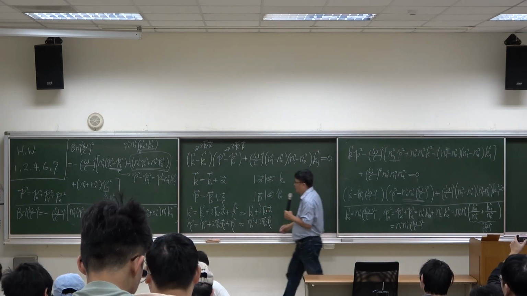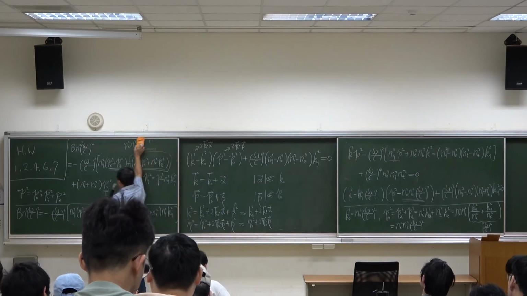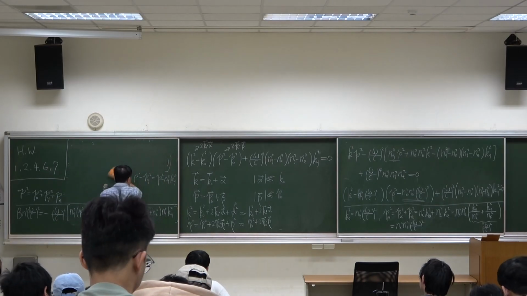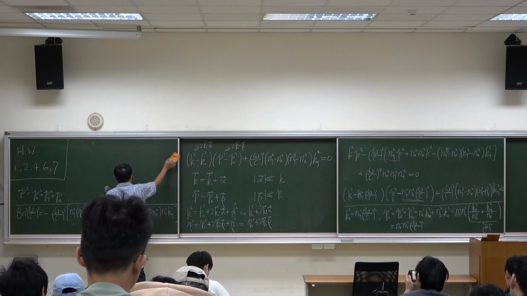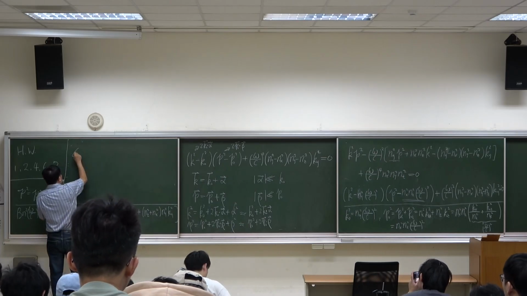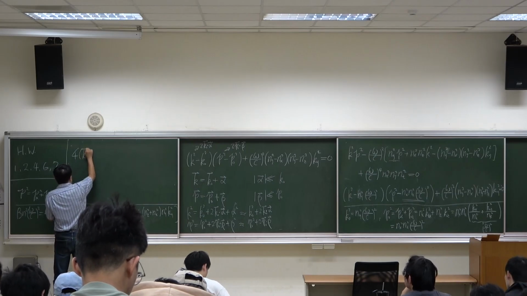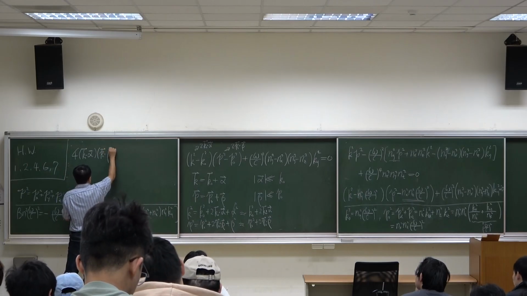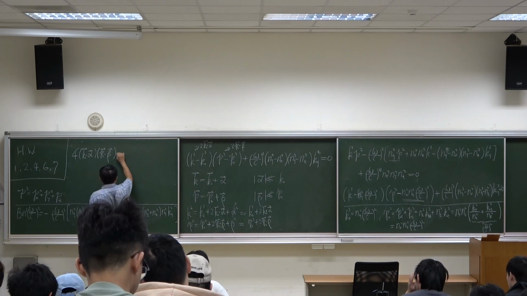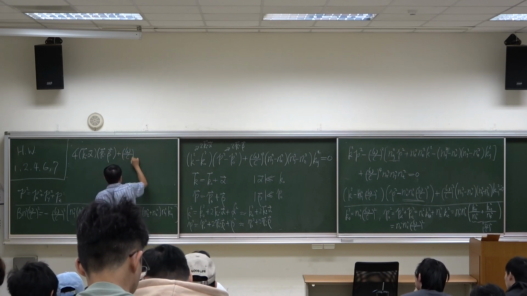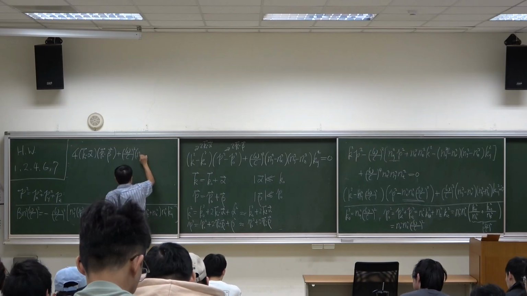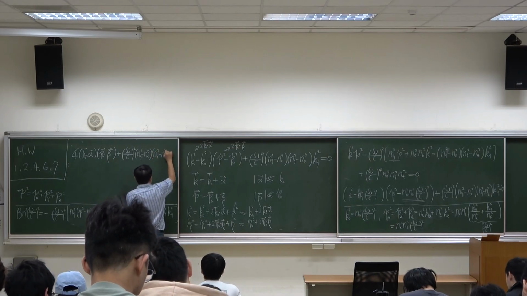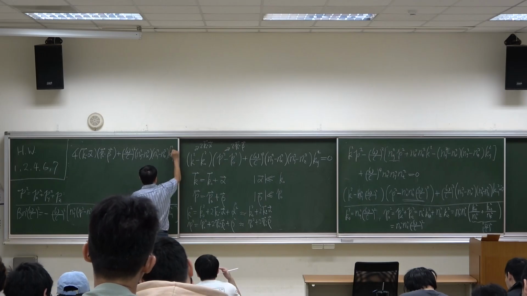Okay, so now the result becomes 4 k0 dot alpha times p0 dot beta plus omega over c squared times ny squared minus nx squared, ny squared minus nz squared times ky squared equal to 0.